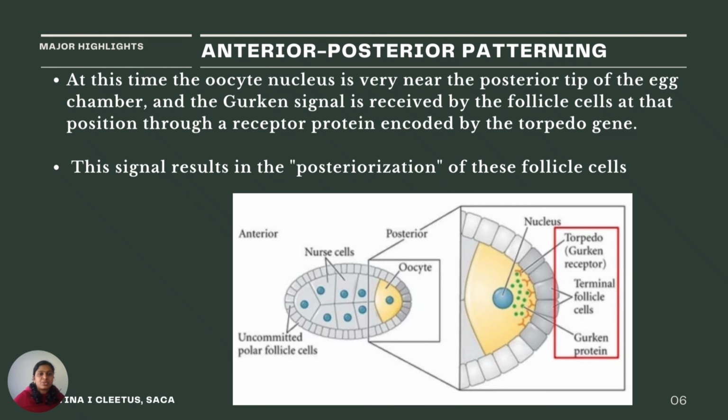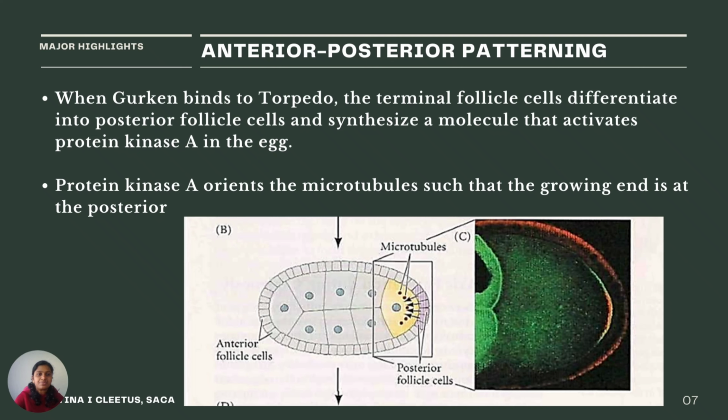At this time, the oocyte nucleus is very near to the posterior tip of the egg chamber, and the Gurken signal is received by the follicle cells at the position through a receptor protein encoded by the torpedo gene. The reception of this Gurken protein by the torpedo receptor results in the posteriorization of these follicle cells.